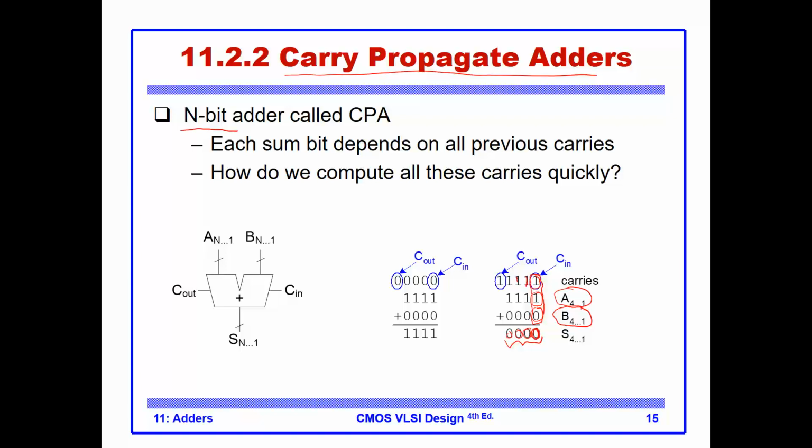We're adding A, which is 15, assuming we are doing unsigned numbers, to 0. So A equals 15, B equals 0, and the carry in equals 1. We are supposed to get 16, and if we look at the result here, with the carry out position, this number is 16.